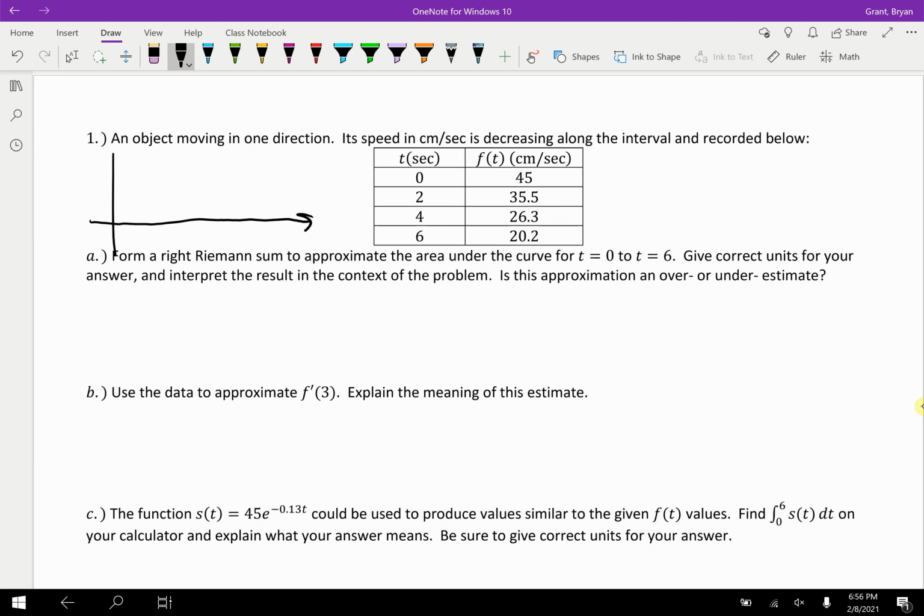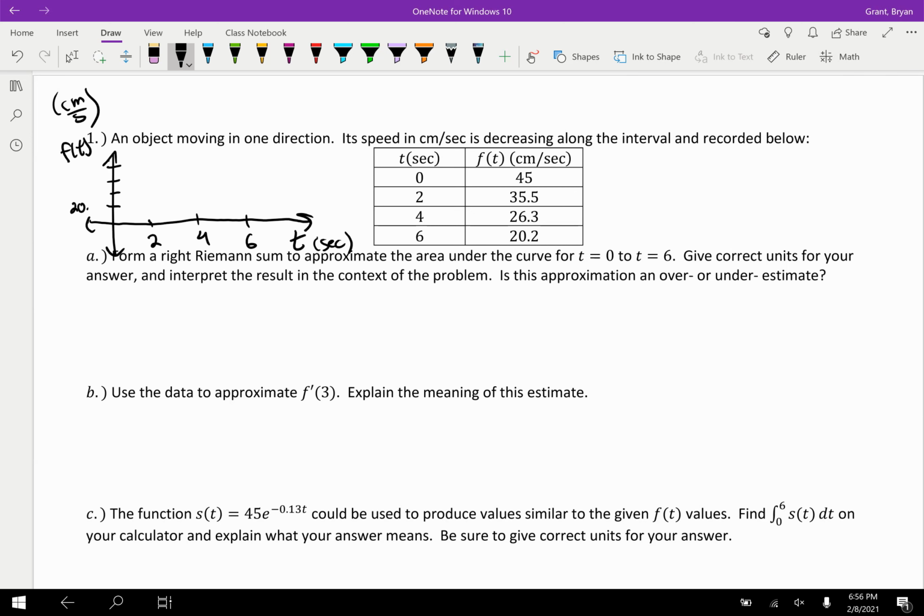All right, I did promise you a quick little graph, and this is going to be a gross, ugly graph, and that's fine. So we have 2, 4, 6. Our time is in seconds. And then we have our rate up here, f of t, which is in centimeters per second. Okay, and we have 4 numbers on here, right? We have 1, 2, 3, 4.